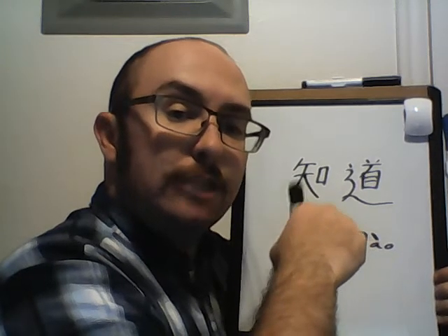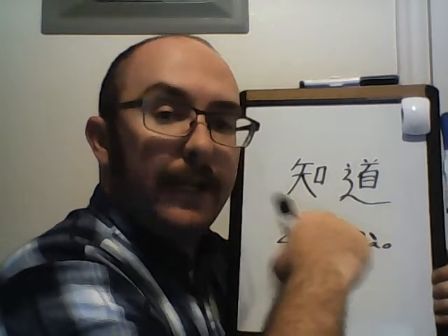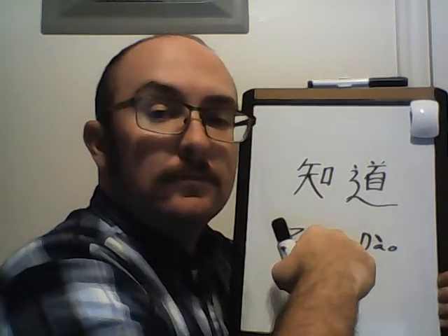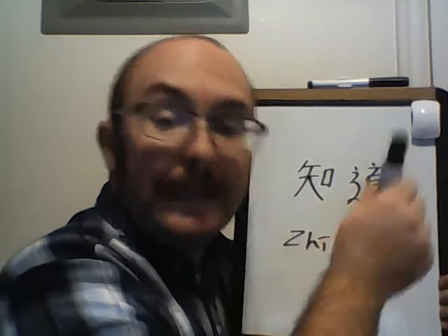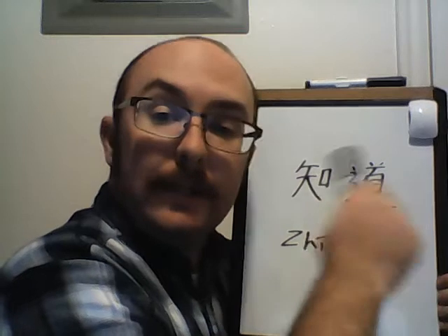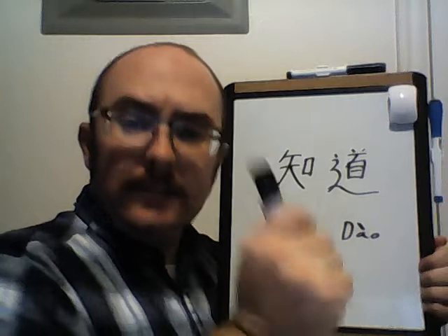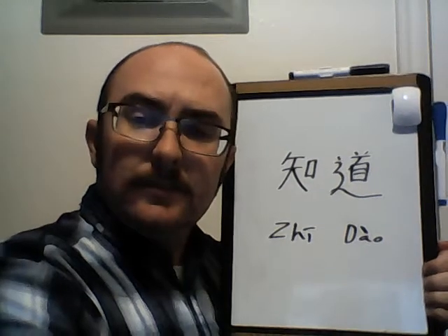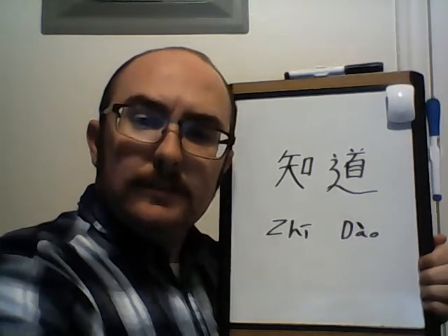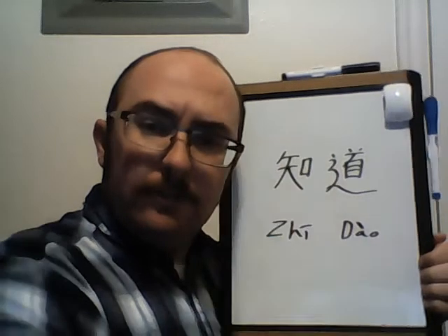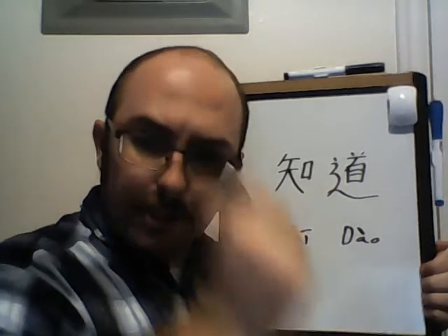So it's 知不知道, 你知不知道? Or you could simply say 知道吗? 你知道吗? 你很可爱. 你知道吗? Did you know? You're really cute.